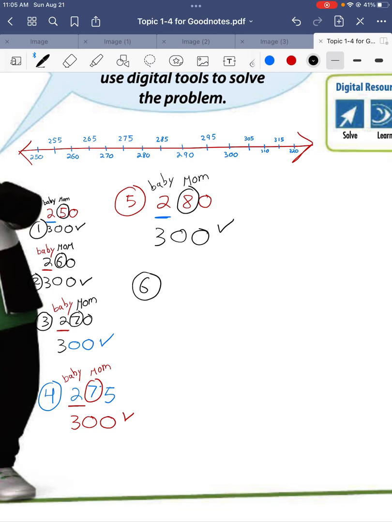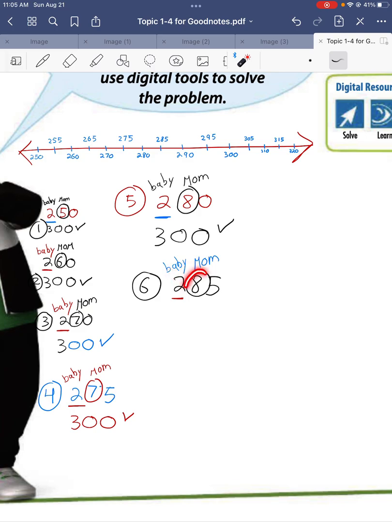6. Next we have 285, and I'm just going down the number line. That's all I'm doing. So underline the digit to the left, which is the 2. Circle the digit to the right of it, which is the 8. So this 2 is the baby. This 8 is the mom. The mom is going to tell the baby what to do.